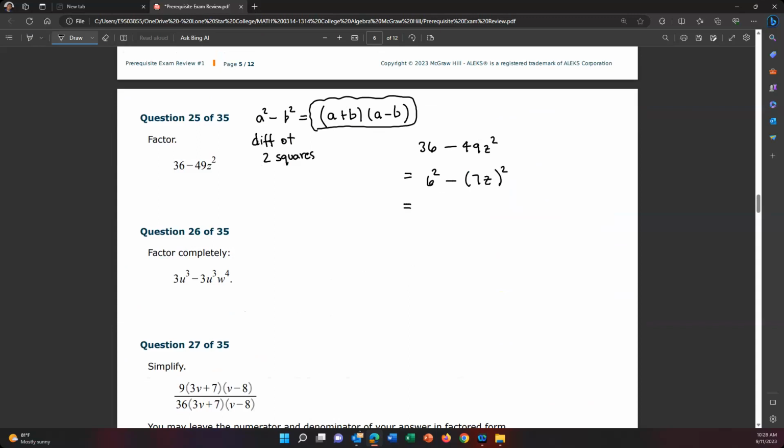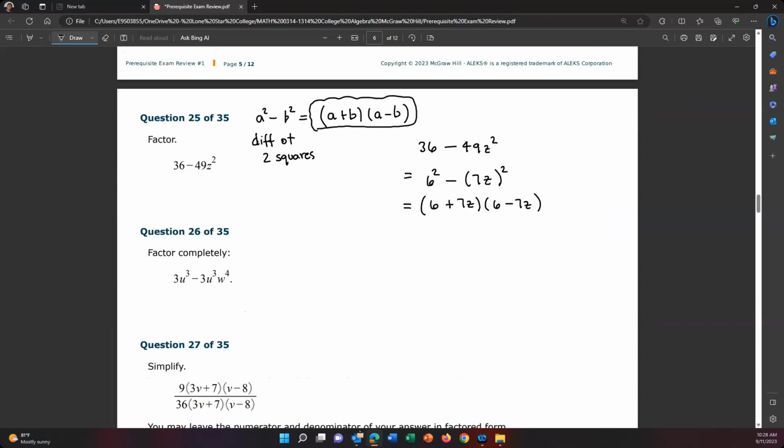And so therefore, according to the formula for the factorization of a difference of two squares, that is simply 6 plus 7z, 6 minus 7z.